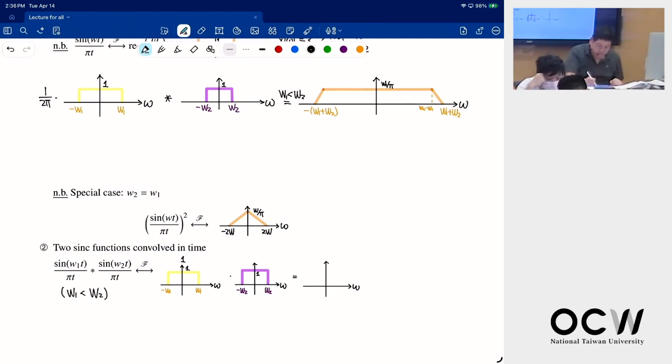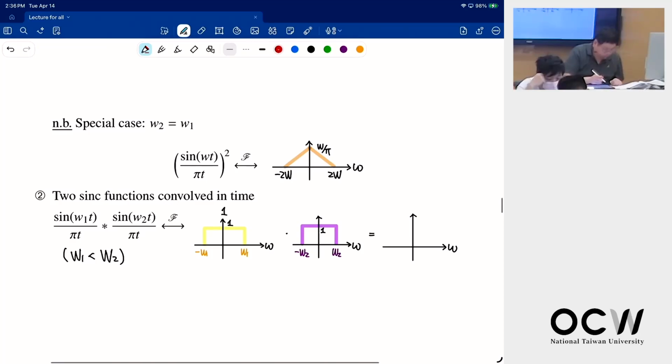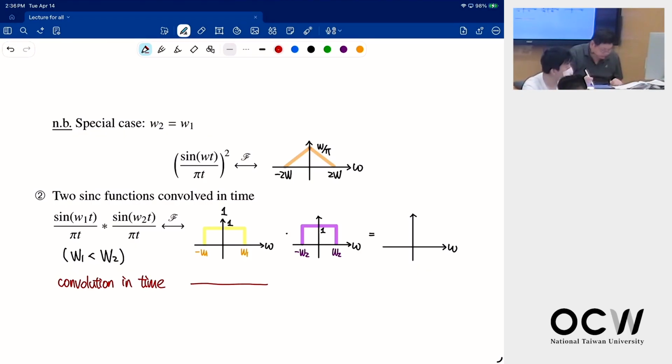So we convolve in time domain. Convolution in time domain gives multiplication in frequency domain.